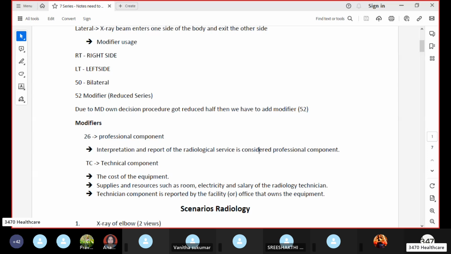If you add TC, you are telling it is only technical, we used only equipment. If you are not adding any modifier, you will get the full amount, that means the technical service amount and the professional service amount. So provider did both services, no modifier.